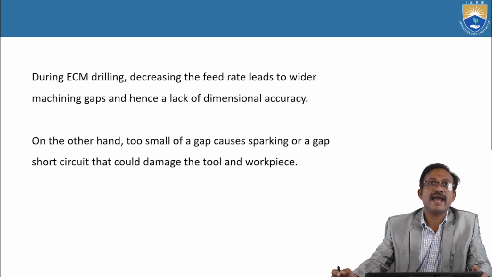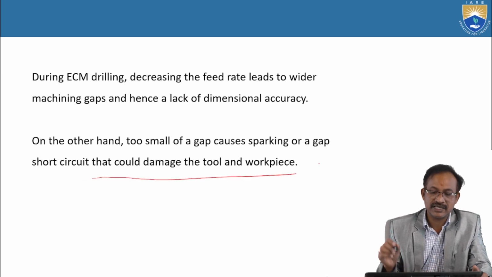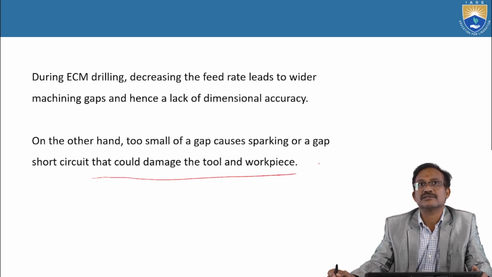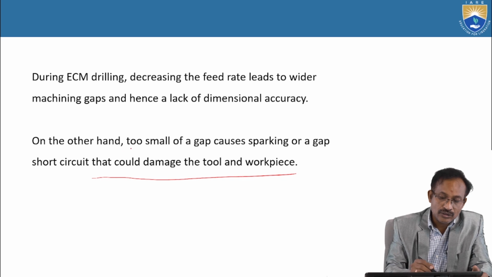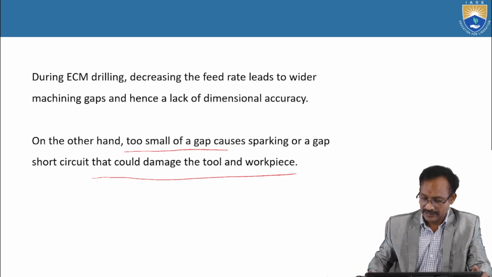On the other hand, too small of a gap causes sparking or a gap short circuit that could damage the tool and workpiece. So here too small of a gap is also a danger.